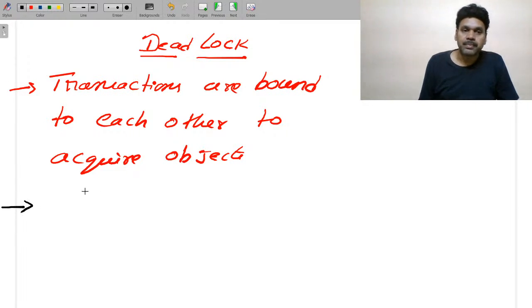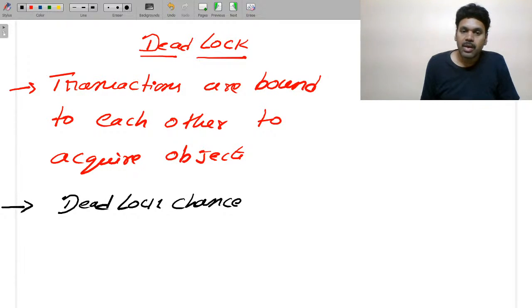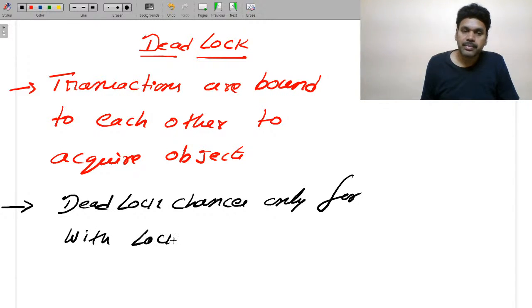Point number 2, deadlock chances are only with locking approaches, with locking mechanisms.